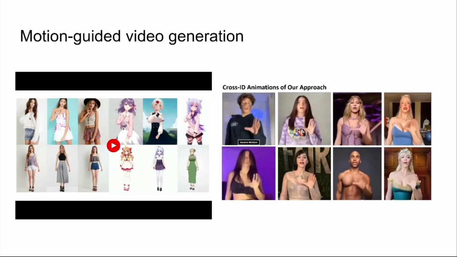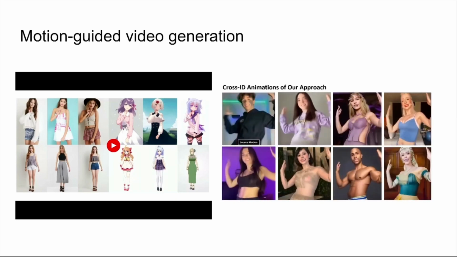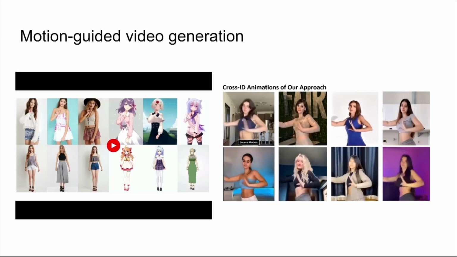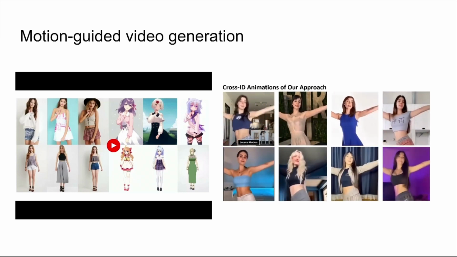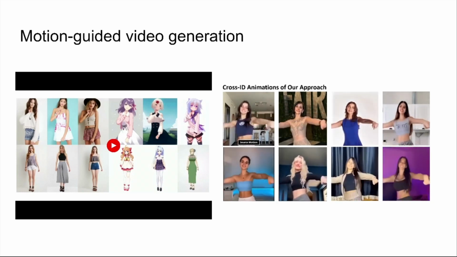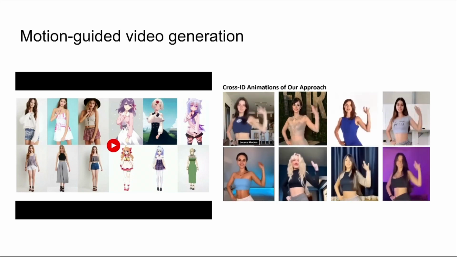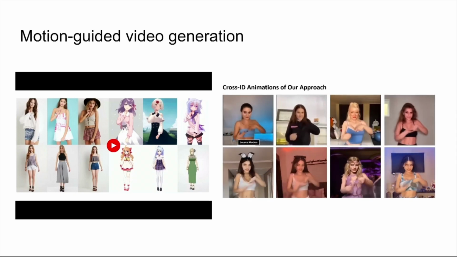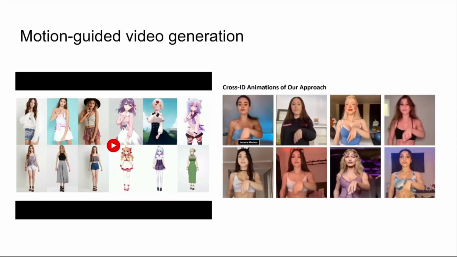For example, if you think about Sora, there are a few examples showing human motion video that Sora posted at the very beginning, like the woman walking on the street of Tokyo.